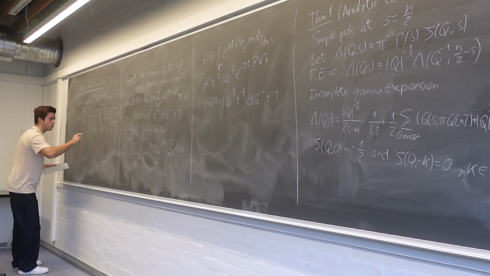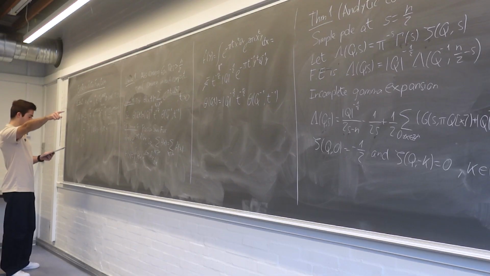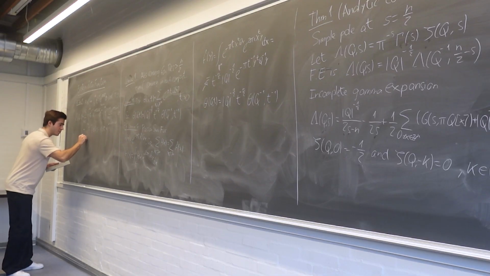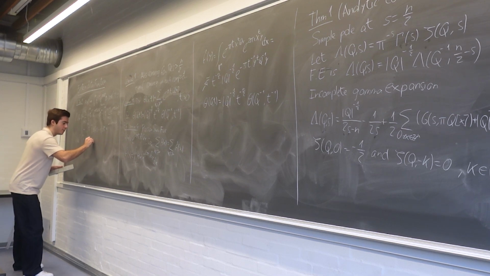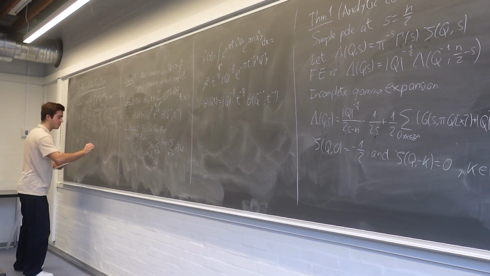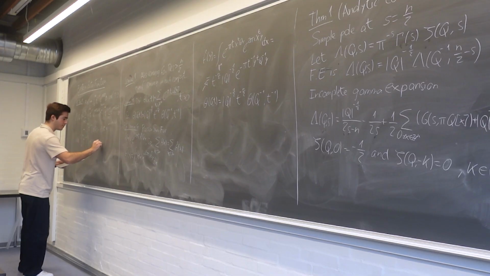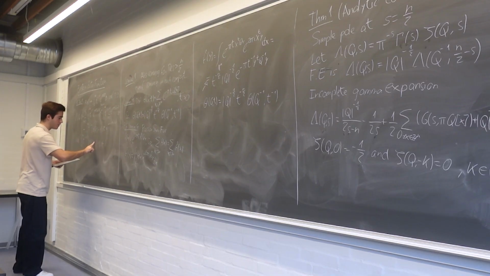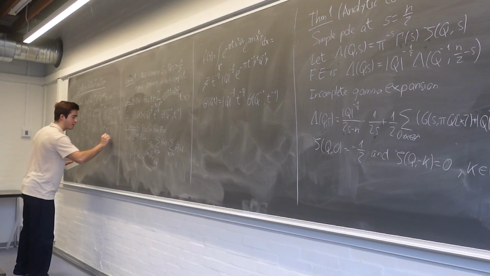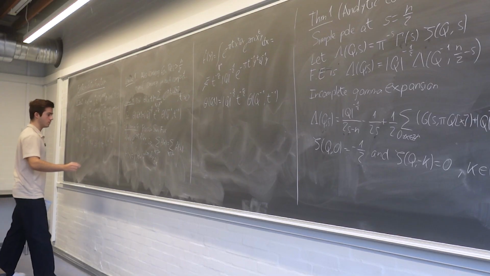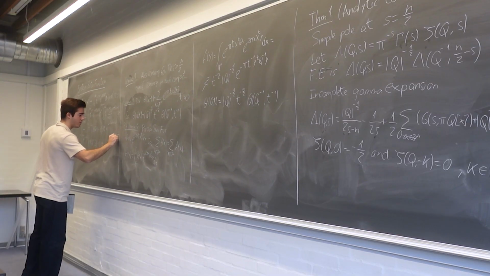We have t to the s minus 1 times t to the minus n over 2, theta of Q^(-1) t^(-1) minus 1. Okay, this is just, let's write 1 over t, because now we're going to do a change of variables. We'll call u to be 1 over t.